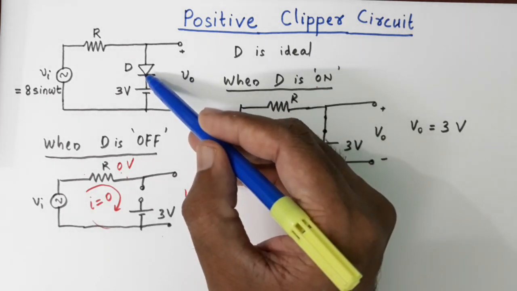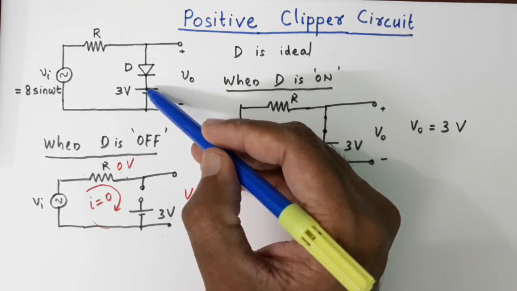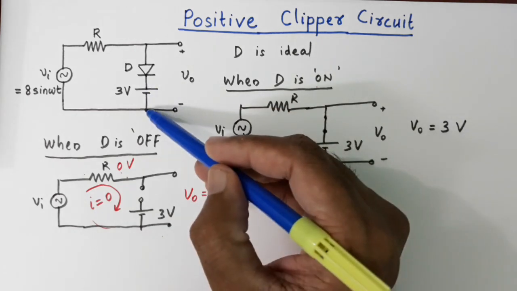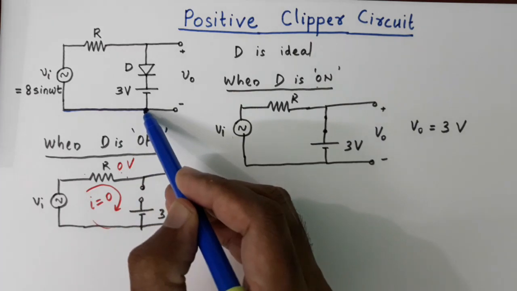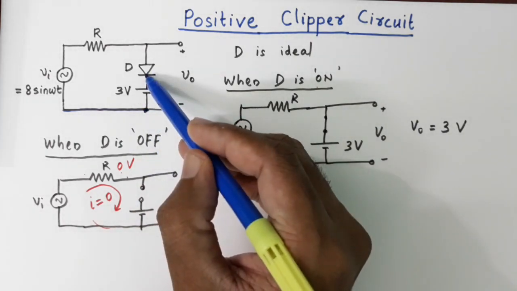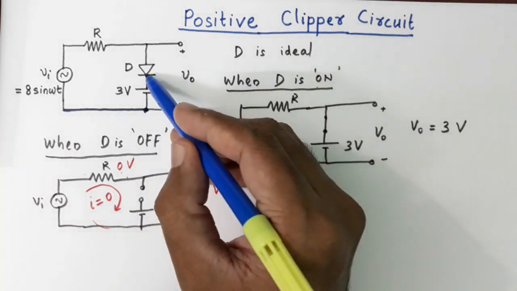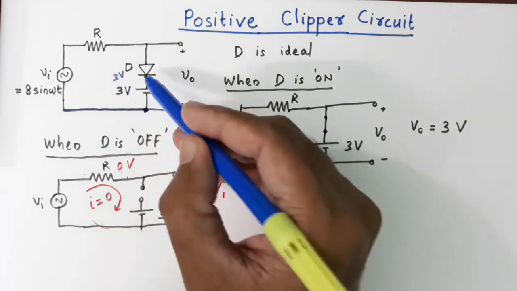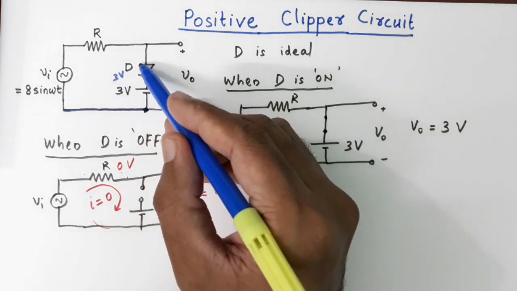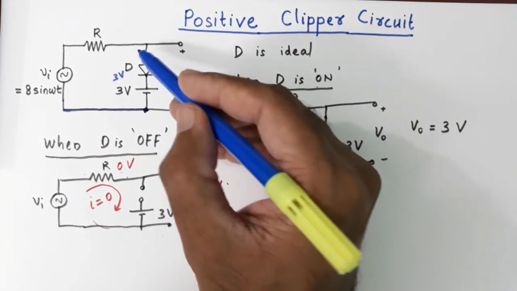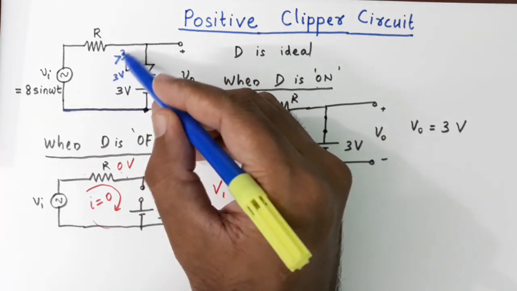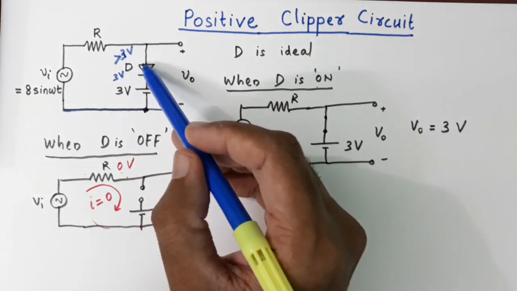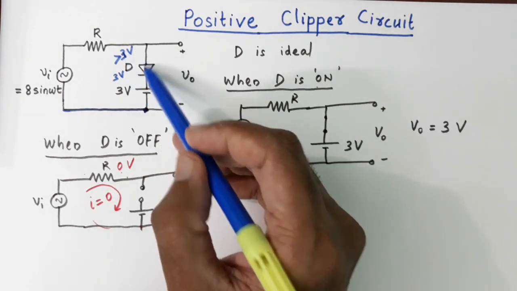The cathode of the diode is connected to the positive of this battery, so with respect to this reference, the cathode is at a potential of 3 volt. This ideal diode will turn on only when the anode potential becomes greater than 3 volt.